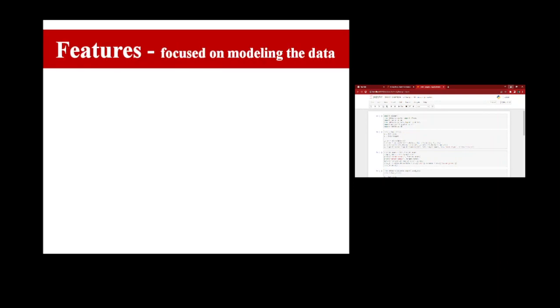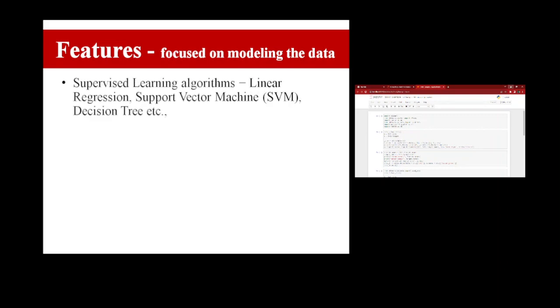Then when we talk about the features of Scikit-learn, basically it focuses on the modeling of the data first of all. And when we talk about modeling, the first category is the supervised learning algorithms, in which we have regression and linear regression, SVM, decision tree, and many more.